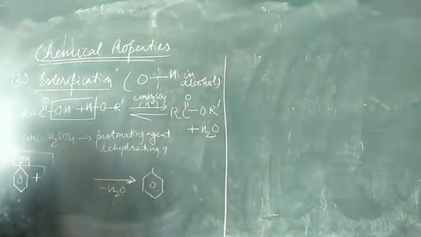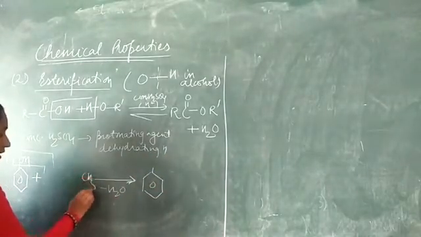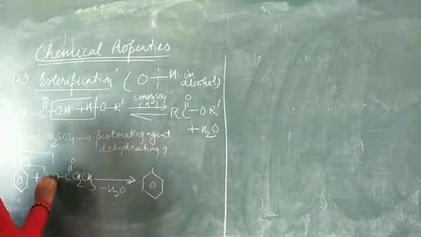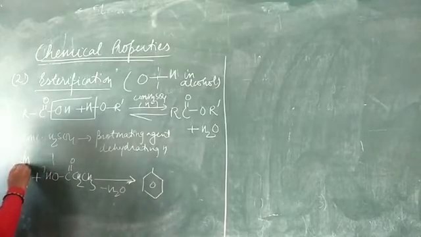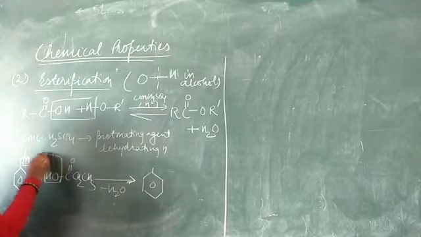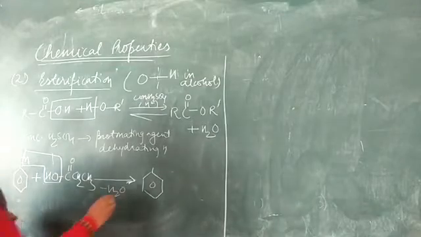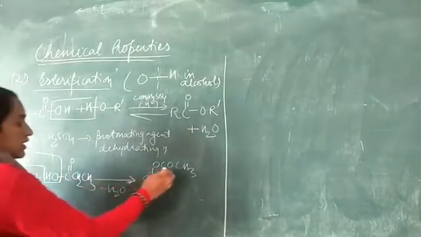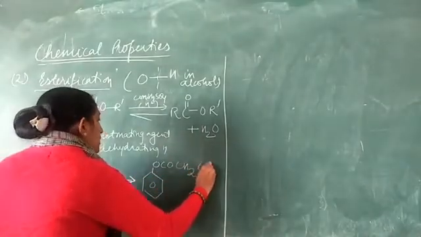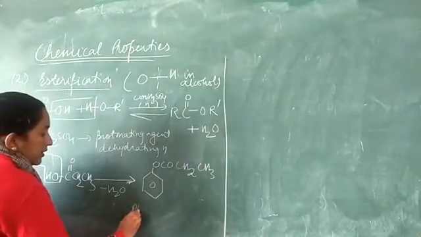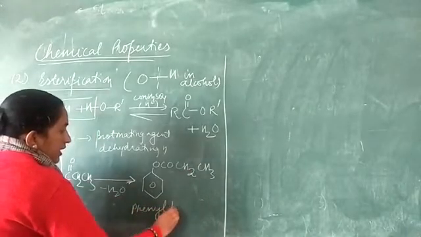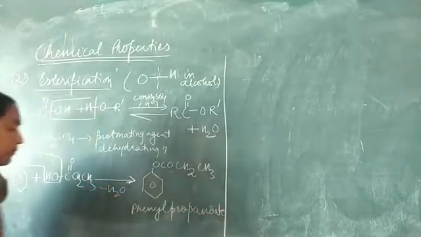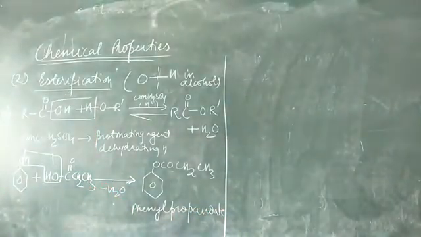So it is CH3CH2C double bond O OH. So from the phenol also it is the O-H bond that will be broken down, and we will get an OCOCH2CH3. So here it is phenyl propanoate which will be formed, right?